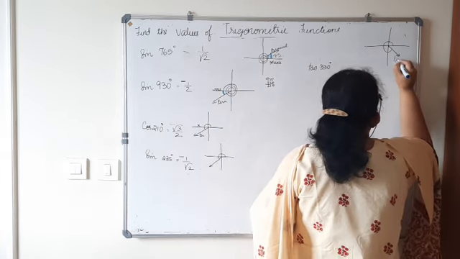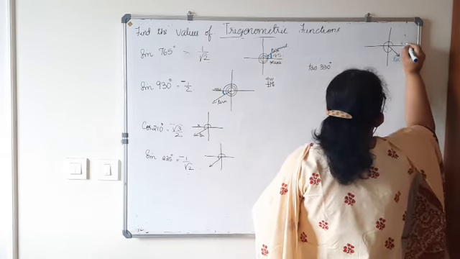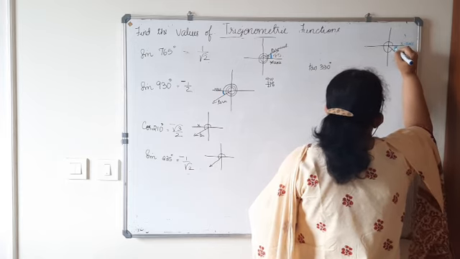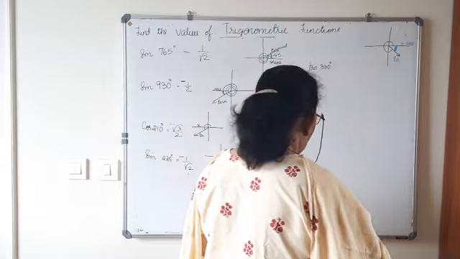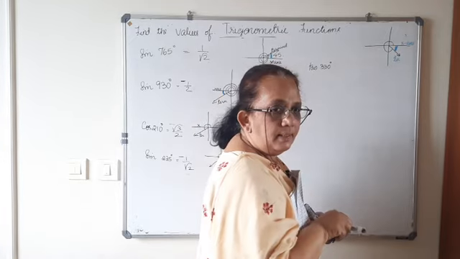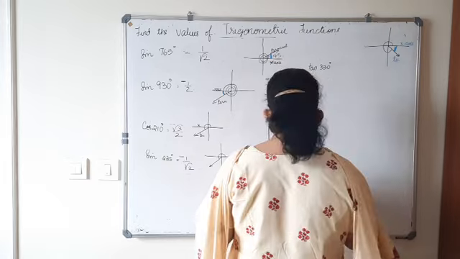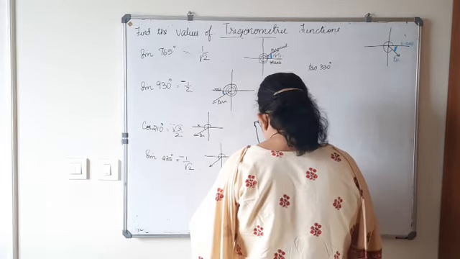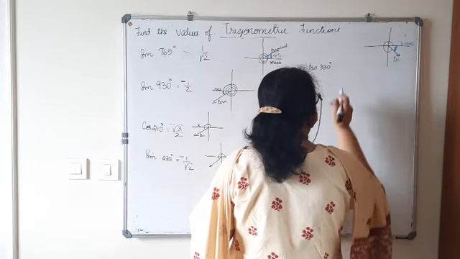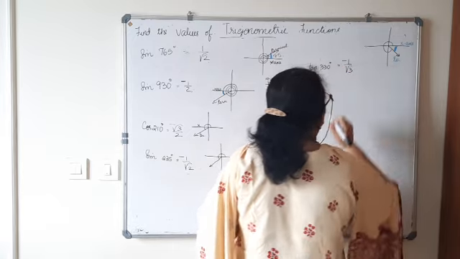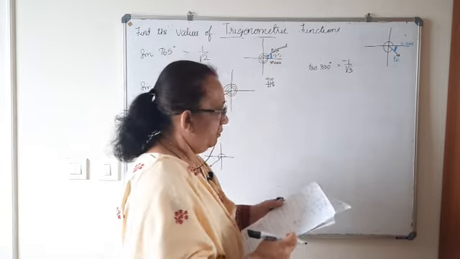This is the terminal side and this is the x-axis. So this angle you have to find out. That is tan 30. And what is the value for tan 30? Tan 30 is equal to 1 by root 3. And it is in the fourth quadrant, so tan is negative.